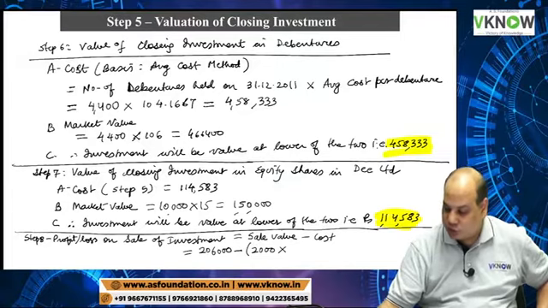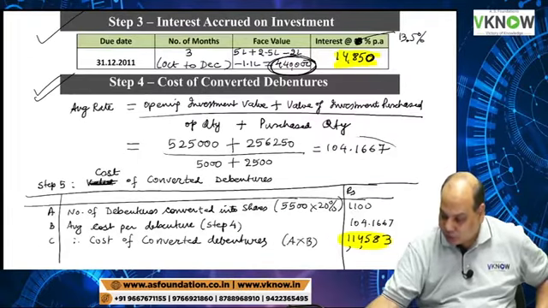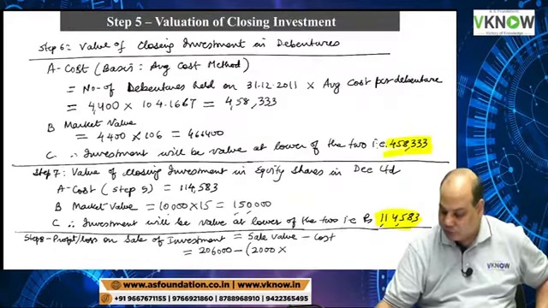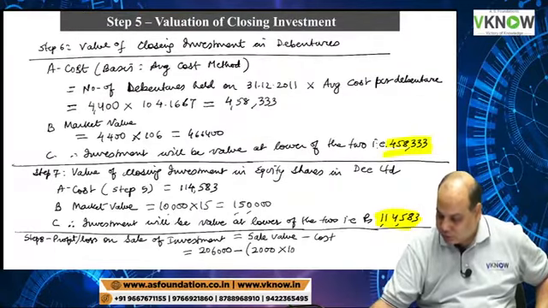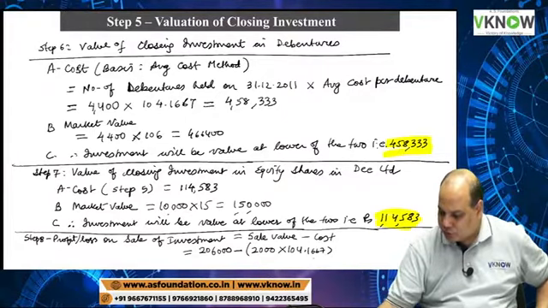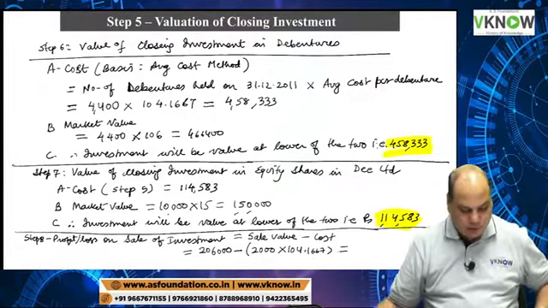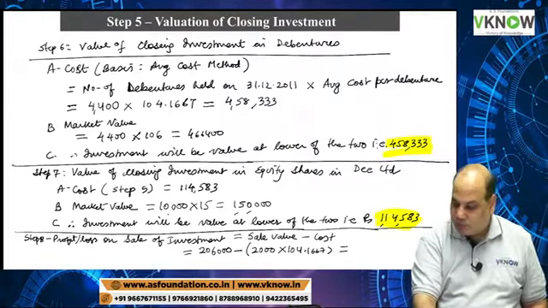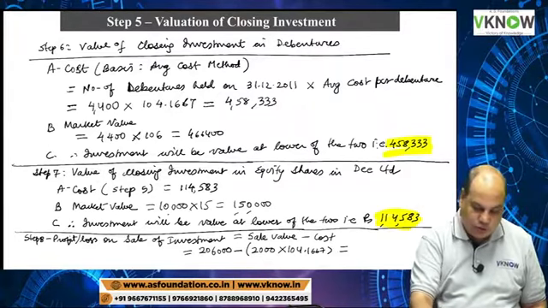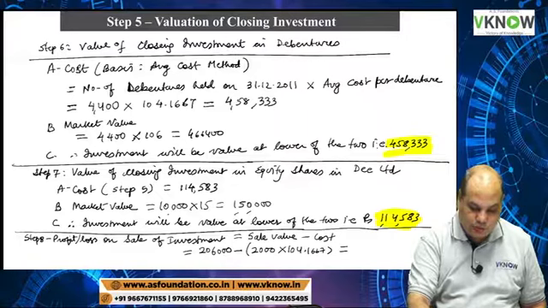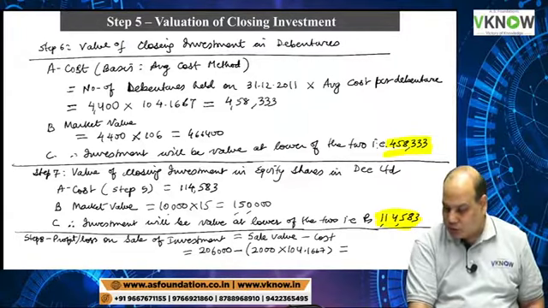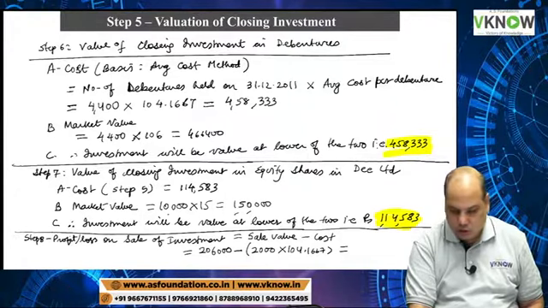You see on the screen the average cost is 104.1667. So multiply 2,000 into 104.1667. That is your total cost.